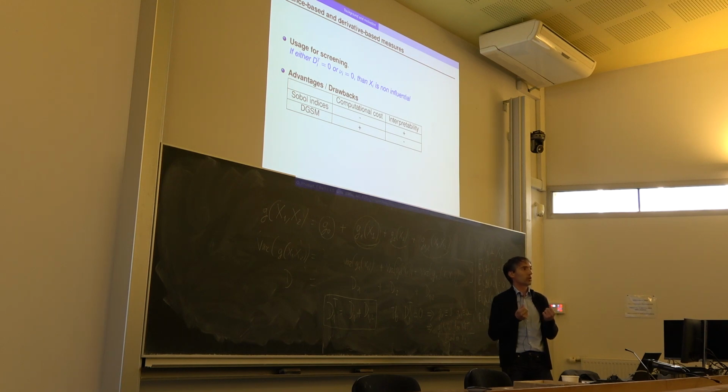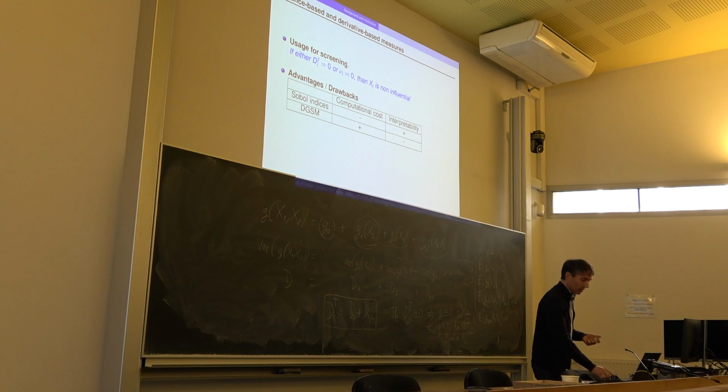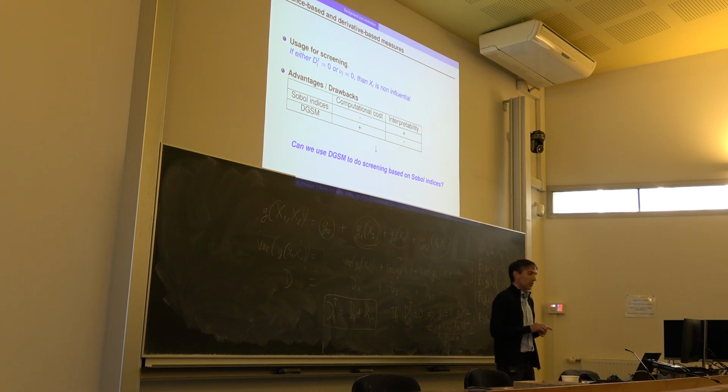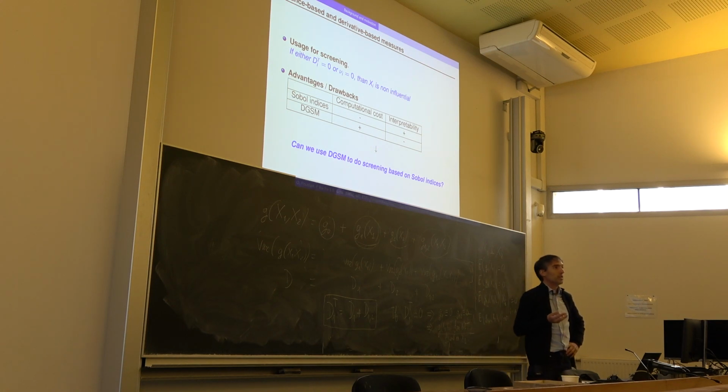So I can decide on a threshold which has some sense in terms of percentage of variance. Okay? On the other hand, you don't have that kind of interpretation for the DGSM. It's difficult to find a threshold that has some sense. So the question is, can we use DGSM, which has some sense, to do screening for Sobol indices? Okay.